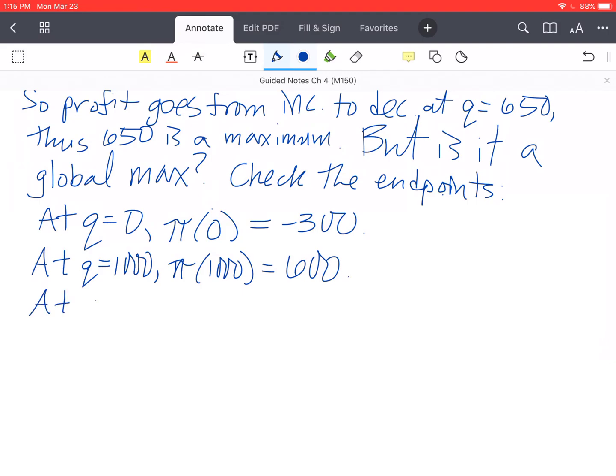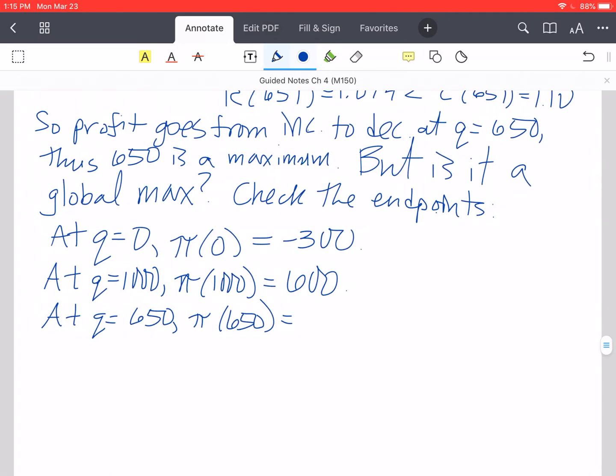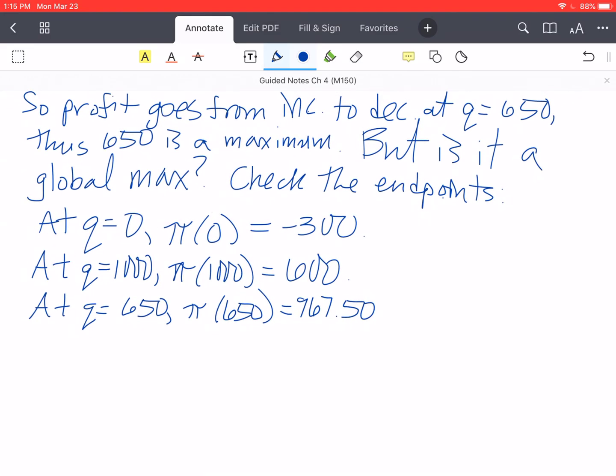And then at our critical point, Q equals 650, comparing outputs here, profit at 650 is 967.50. So we can see, of course, that is the largest value out of all of these.